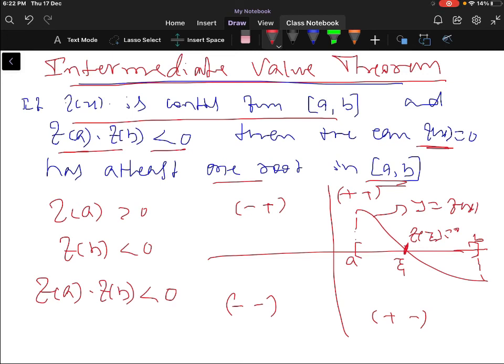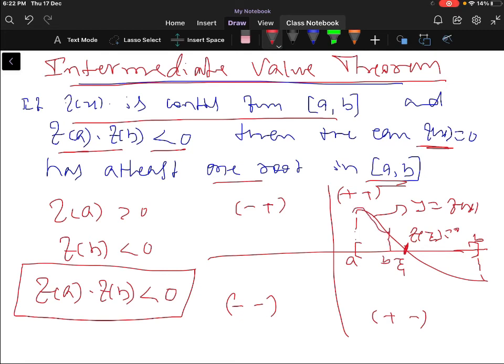So therefore at least one root will be there in the interval a comma b, provided the product f of a into f of b is less than 0. Suppose f of a and f of b both are positive. Suppose for example our function is like this.